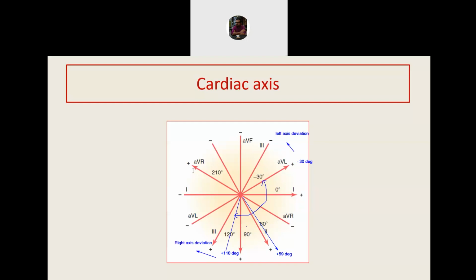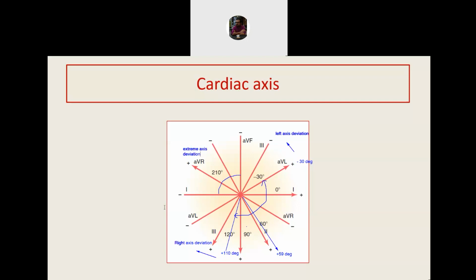And you can easily understand that this quadrant is a very funny quadrant. Left axis deviation and right axis deviation both can come here. So sometimes this is known as extreme axis deviation. So when we are looking at the ECG, how can we comment on the axis and understand whether the cardiac axis is normal?